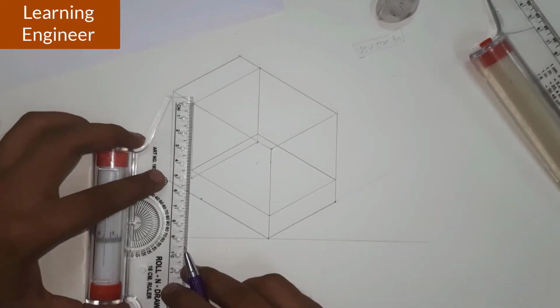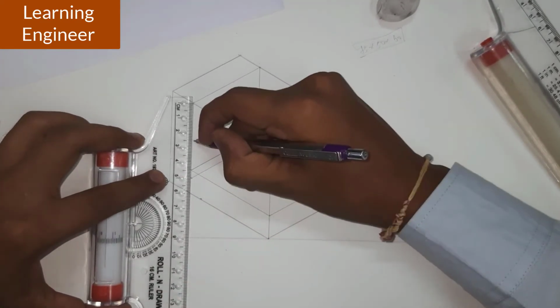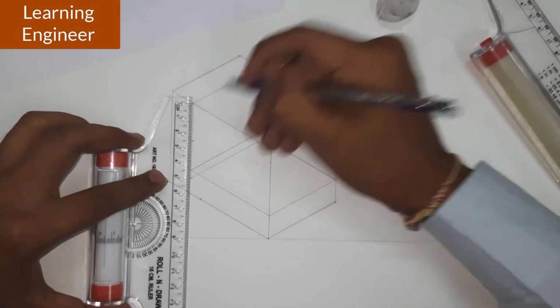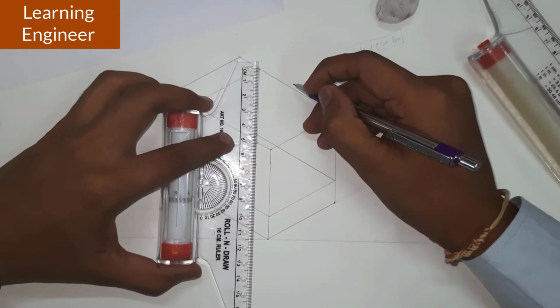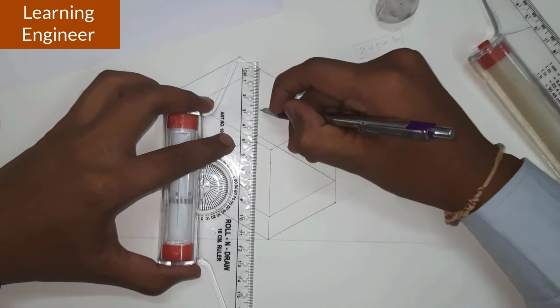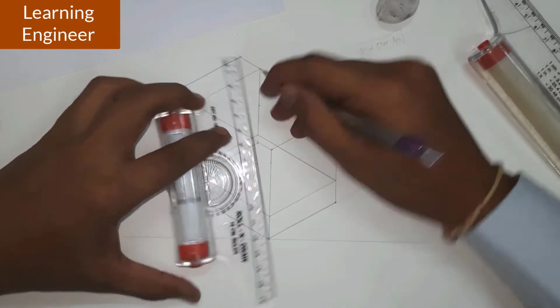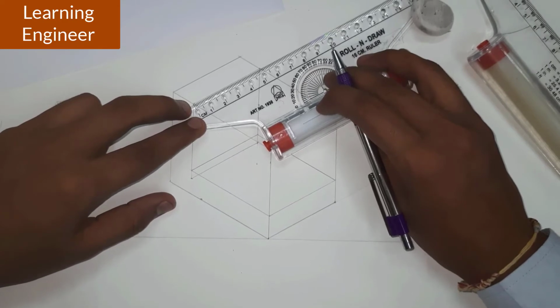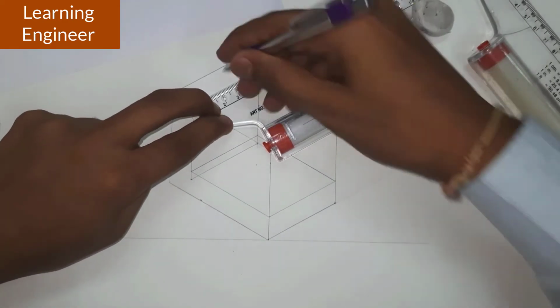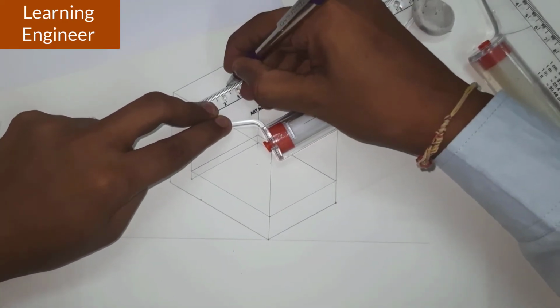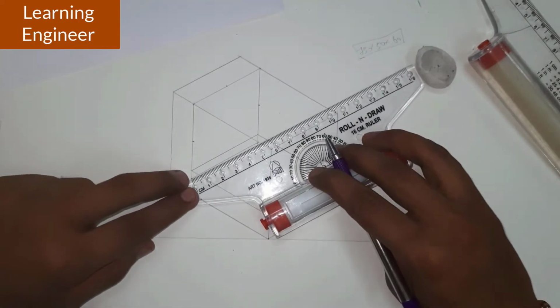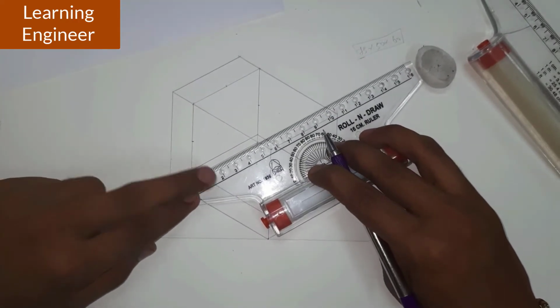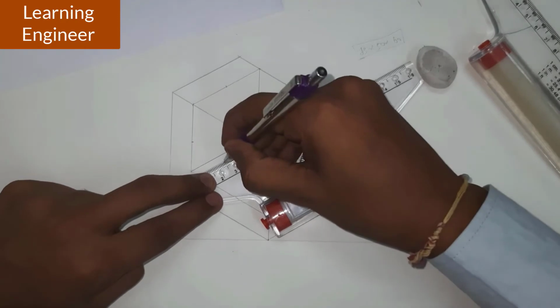Now locate the midpoints of these squares, like 25 millimeter, like 25 millimeter, from here also this is 25 mm, and this side, all the sides midpoint we require.